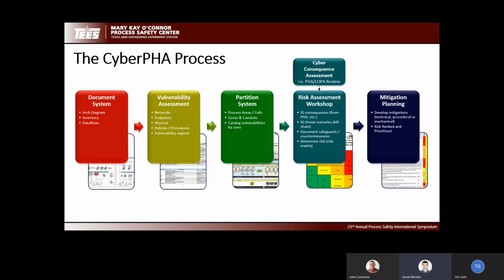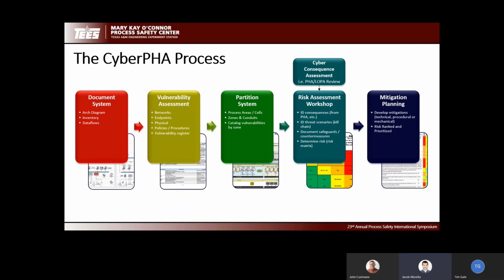The second part there is a vulnerability assessment. So because there aren't well-documented and well-published likelihoods available for cybersecurity, because for a large part we're talking about intentional tampering, you need a way to help you determine what those likelihoods are, and vulnerabilities are a very important part of that. So it tells you how accessible the system is, how easy it is to compromise the system, and you'll use that information in the workshop to help you develop the likelihood.